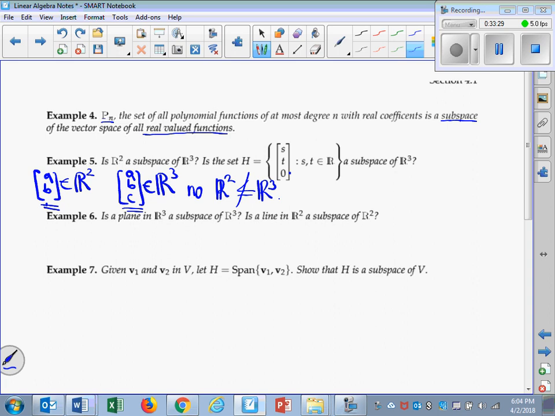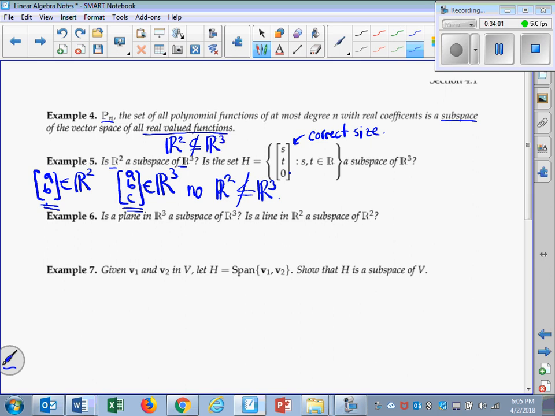Let's attack the next one. It says, is the set H, S, T, and 0, is that a subspace of R3? Well, the vector is certainly the right size, so I'm going to say correct size. So the problem where this failed over here was that there are no vectors in R2 that are in R3. So R2 is not even a subset of R3.